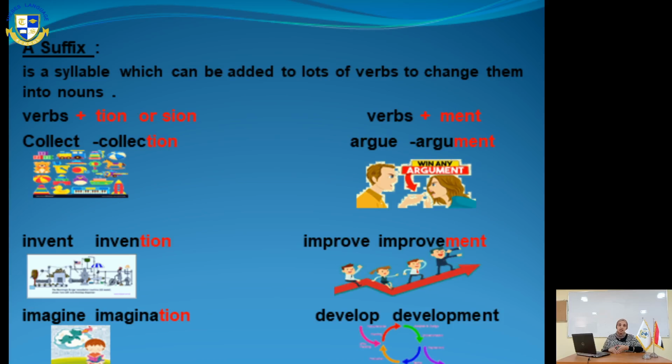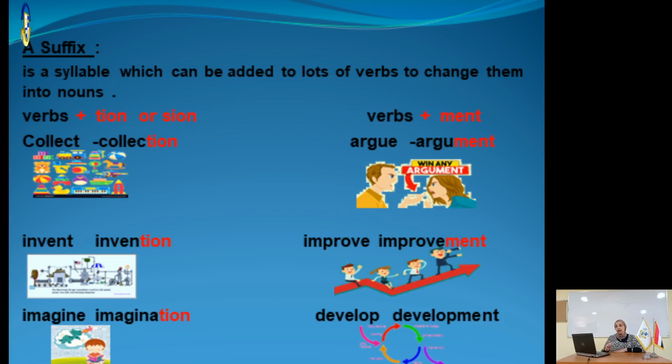I collect lots of stamps, so I have a big collection of stamps. Did you get it? Now, when you have invent, and when you put "-tion" it should be invention. We have here, they invented the cell phone or the mobile phone, and of course it's a great invention.